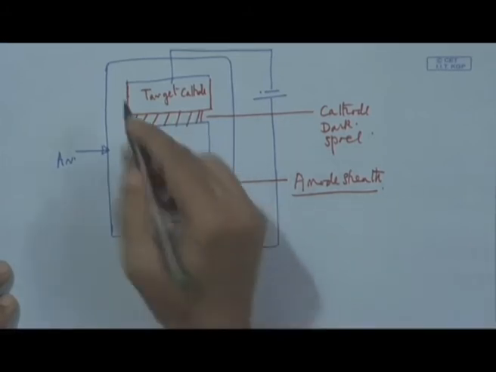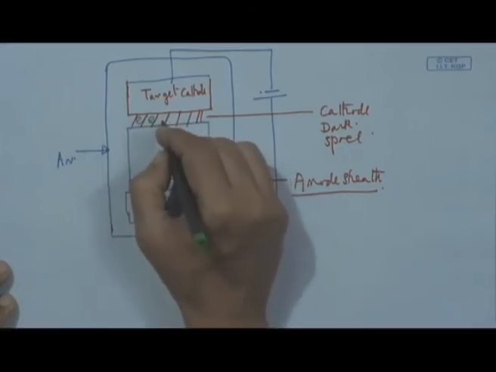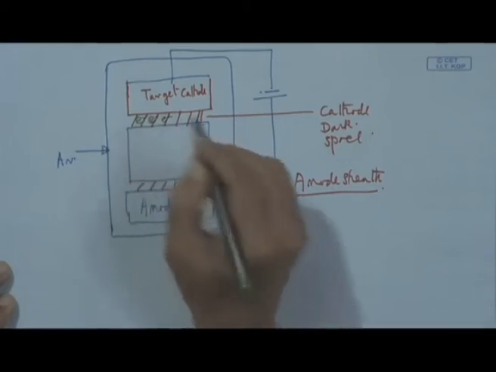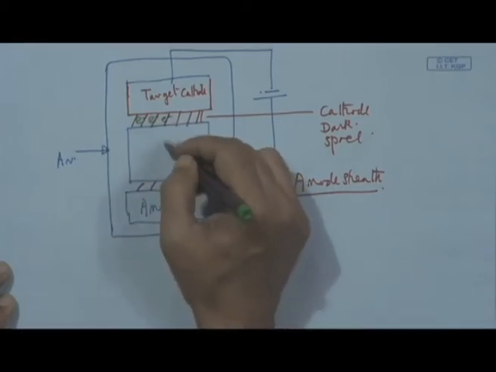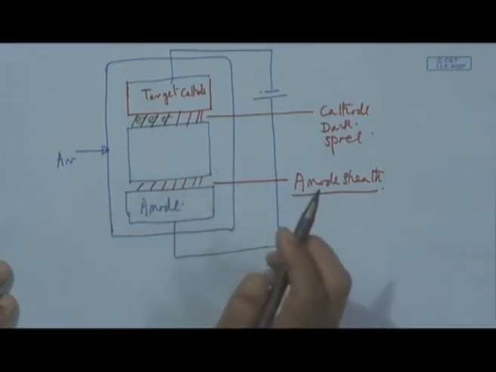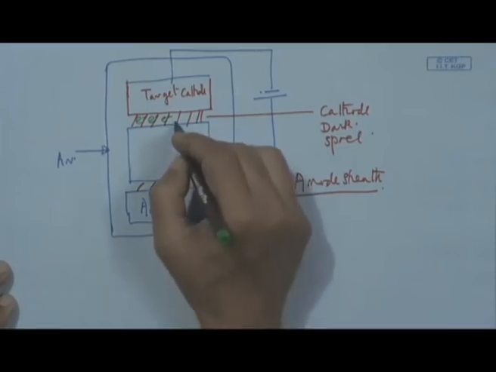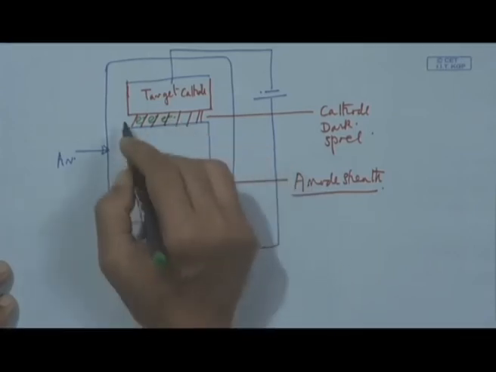That means, electrons which are available here, these are called primary electron, and these have to be brought within this main plasma volume, and for that we have one accelerating voltage.